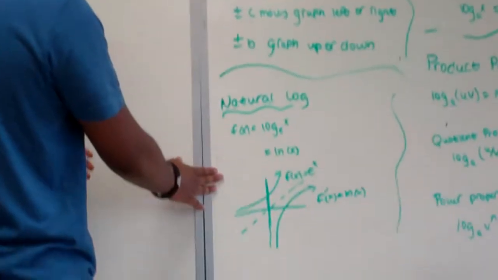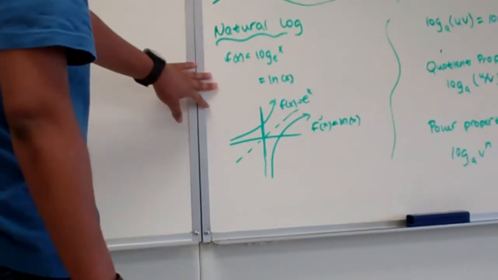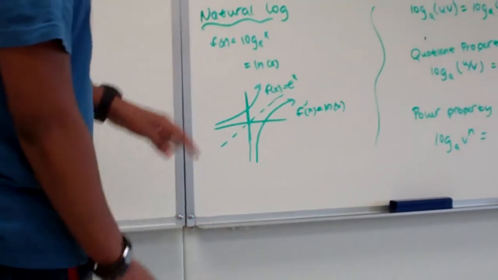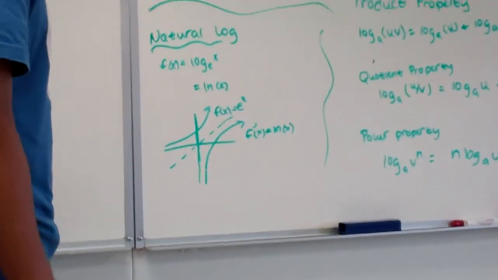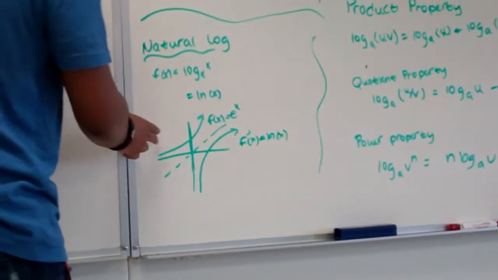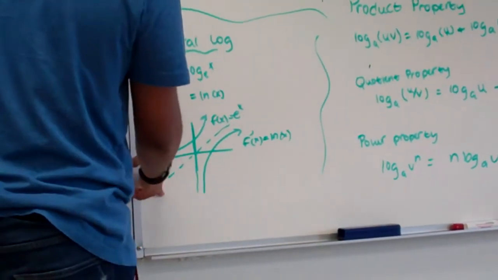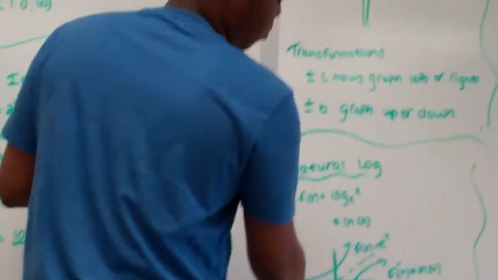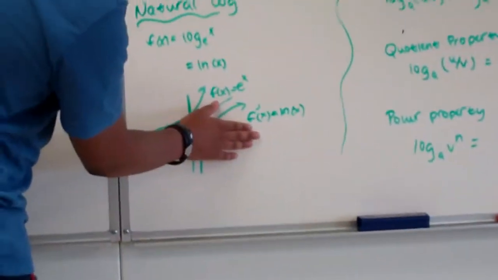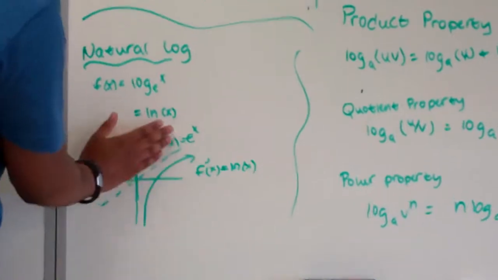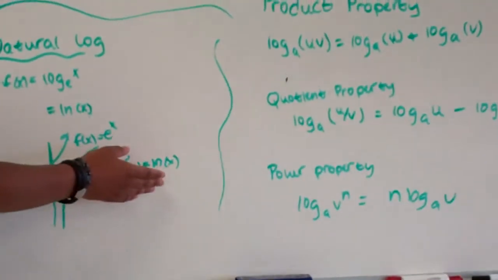Moving to the natural log, if you have f of x equals log base e of x, which is the same as the natural log of x, and is the inverse function of e to the x, this is what that graph will look like.